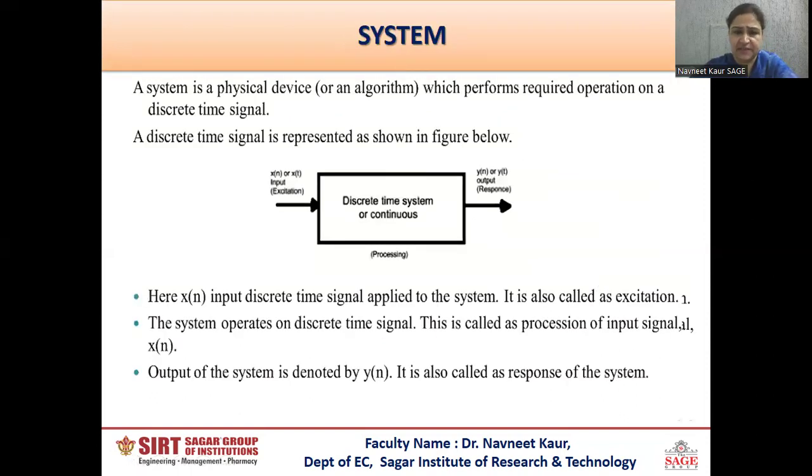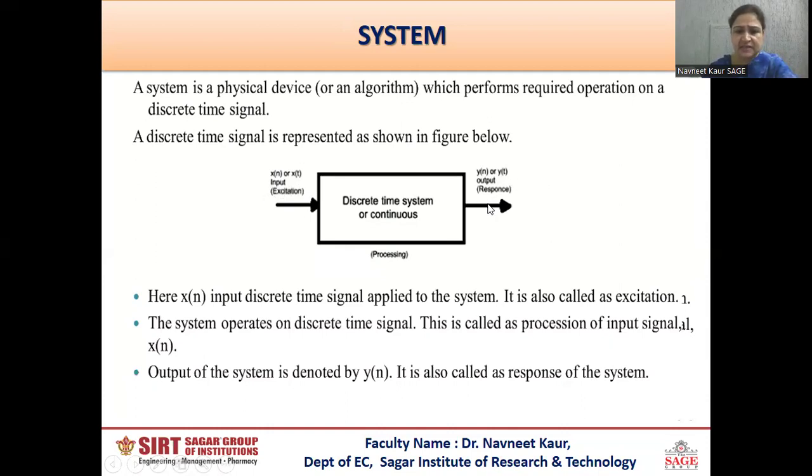A system can be a physical device or an algorithm which performs the required operation on a continuous time or a discrete time signal. In this lecture, I'll discuss discrete time systems, in which the input is a discrete signal, say x[n], also known as the input signal or excitation signal.